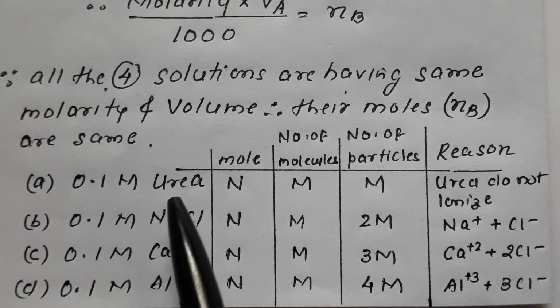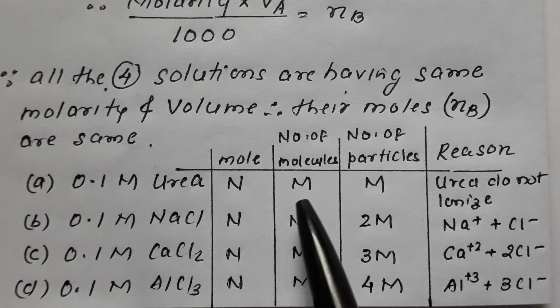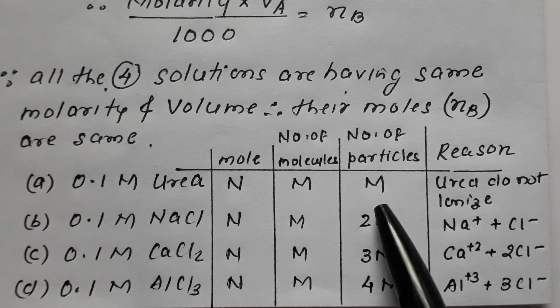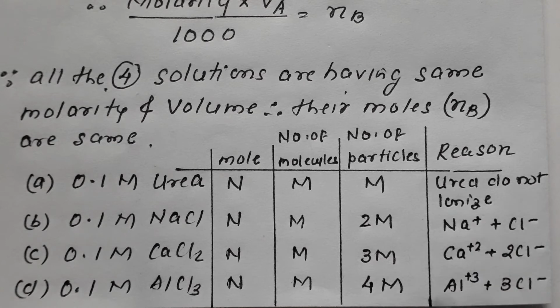For urea, if the number of molecules is m, the number of particles will also be m because urea does not ionize. In case of NaCl, if the number of molecules is m, the number of particles would be 2m, because one NaCl has to give one sodium ion and one chloride ion, that is 2 ions per molecule.